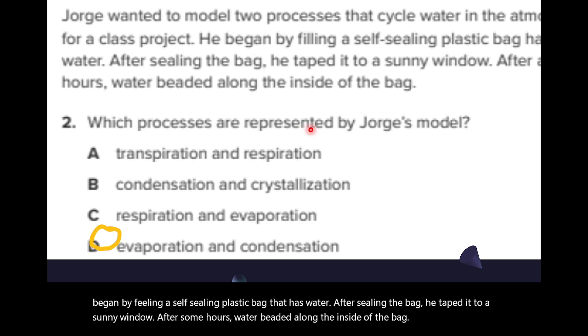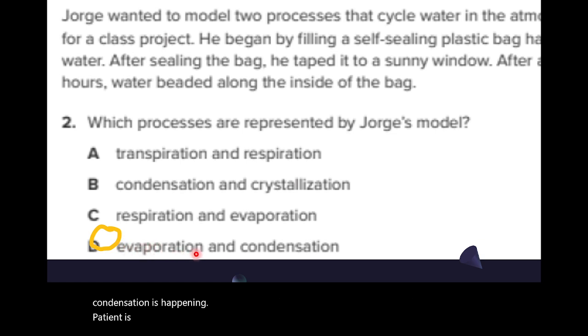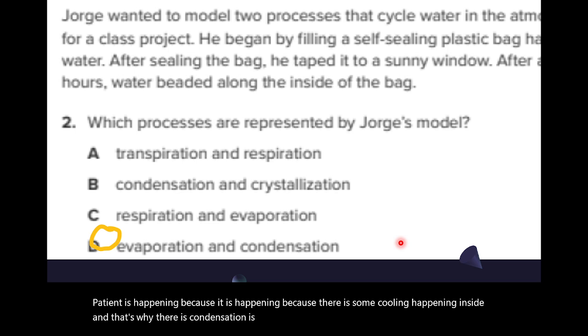Which processes are represented by this model? So evaporation is happening and condensation is happening. Evaporation is happening because it is kept in the sun, and condensation is happening because there is some cooling happening inside, and that's why condensation is happening together with evaporation.